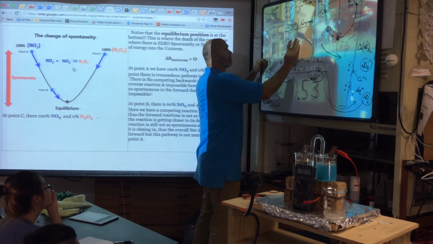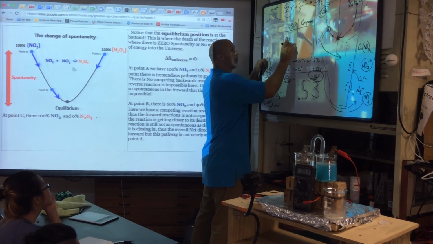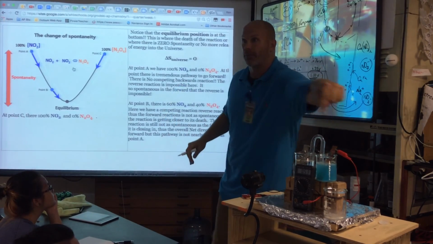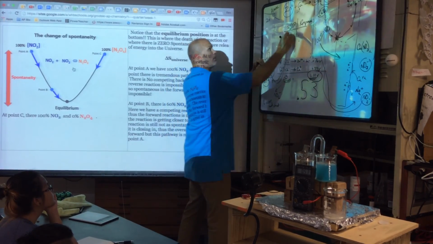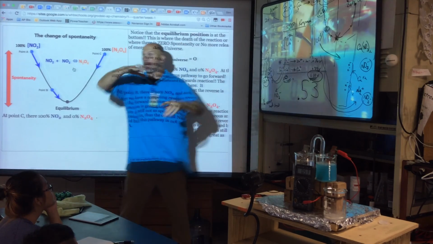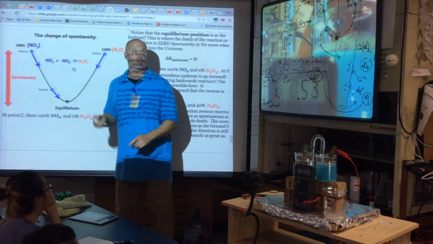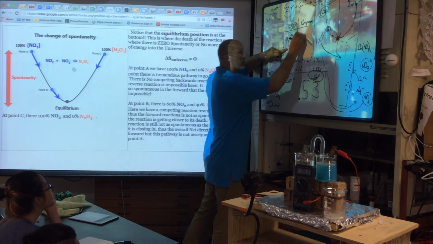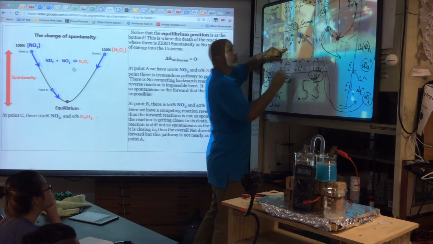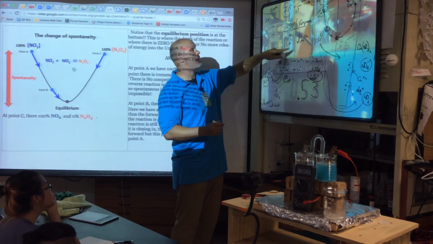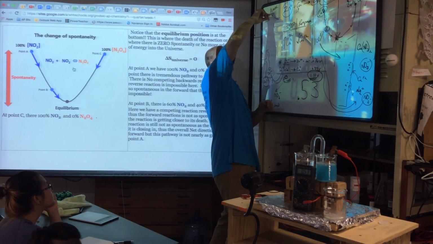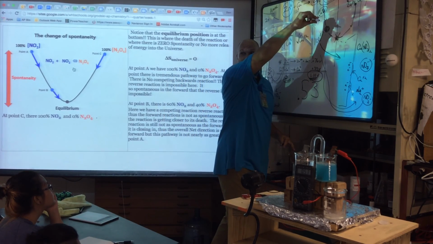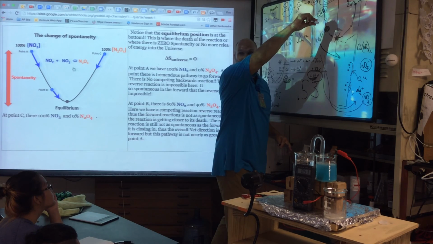What if you have too much copper plus 2? If I add more copper plus 2 here, the response by the reaction to regain its balance, if you want to use that, is what? To do the opposite, right? Copper plus 2 does what? Goes down. How does it go down? It goes down by using it up. Right?